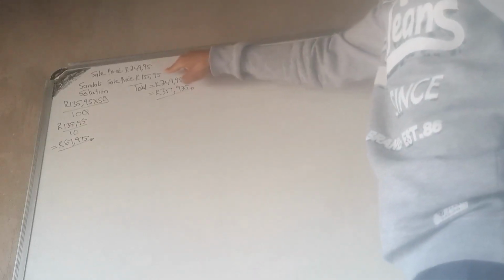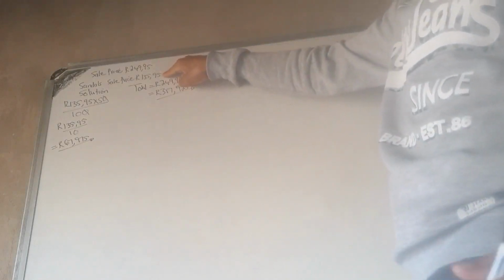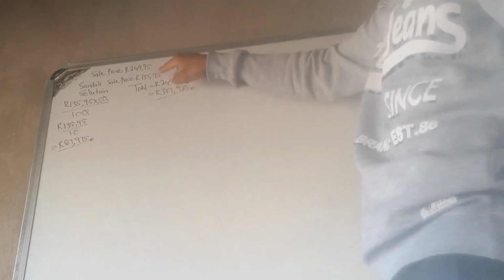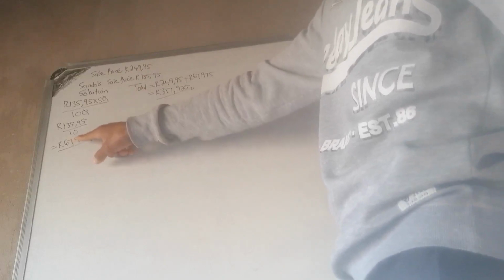Remember what they said in our statement: in addition, a customer receives a further 50% discount on the cheapest item bought. Between those two, this was the cheapest, so you get a 50% discount. You calculate the 50% of this, and it gives you 67 rand 95.